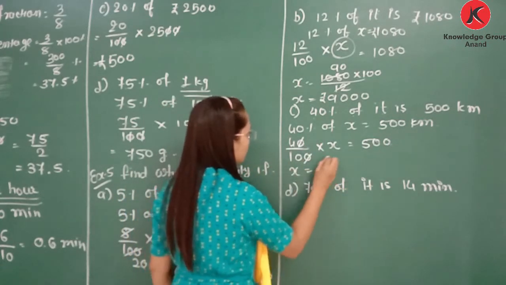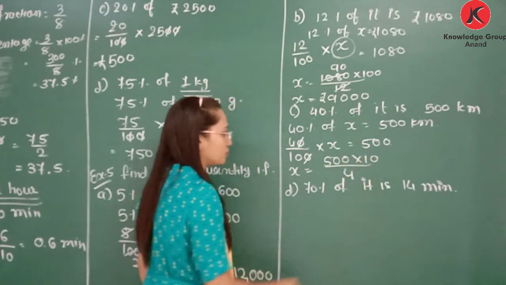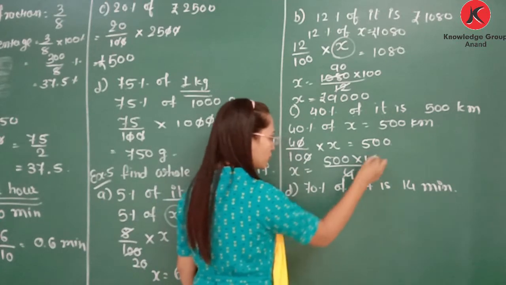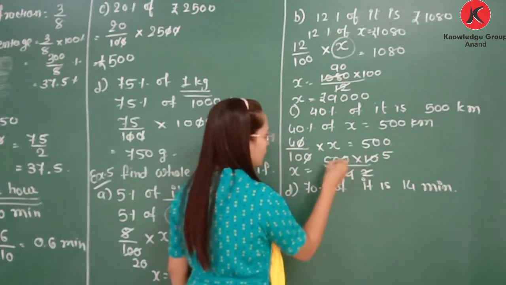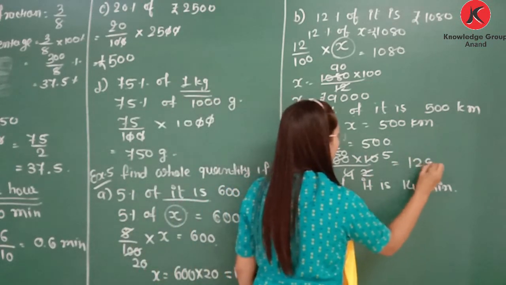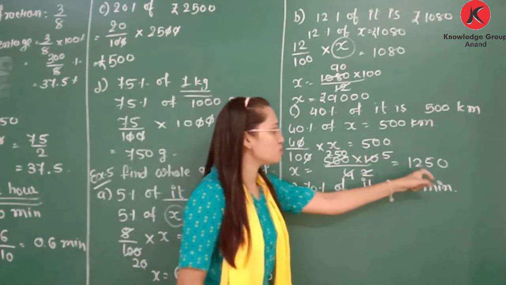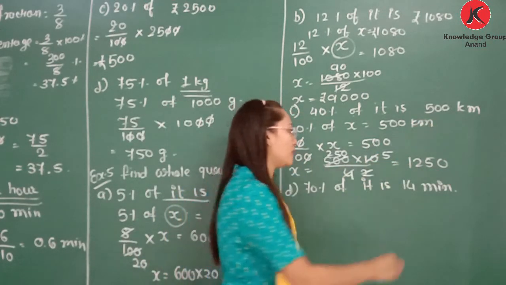So x is equal to 500 multiplied by 10 divided by 4. Here 2 twos are 4, 5 twos are 10. Here we can cut, 250, 1250. So 40% of 1250 will be 500 kilometers.